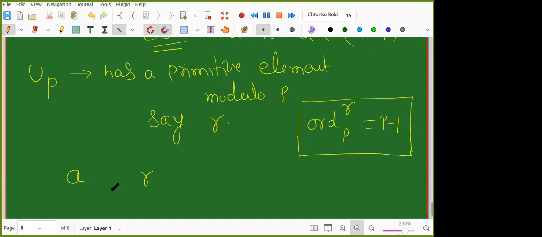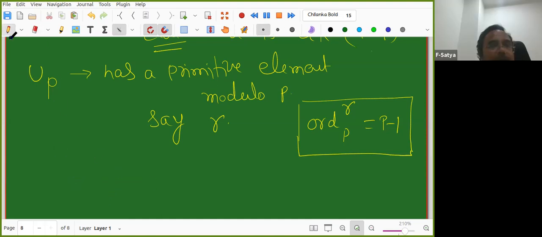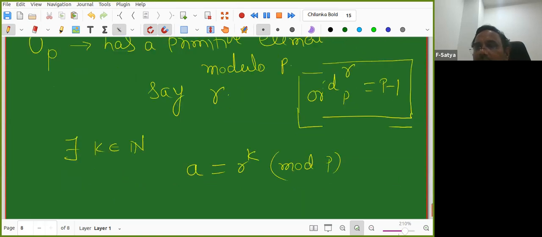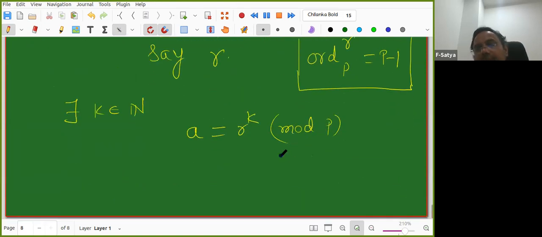There exists k such that a is r raised to the power k. Very good. So there exists some natural number k such that a is equal to r power k modulo p. Don't worry, even if I don't write modulo, everything we are doing is in modulo only.